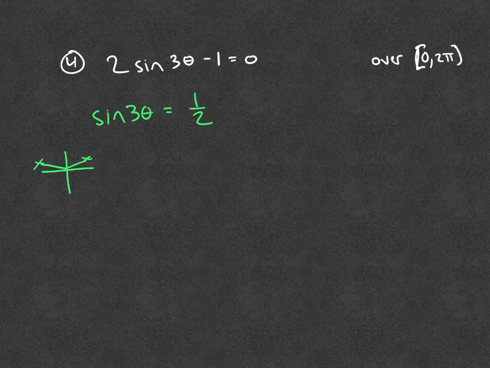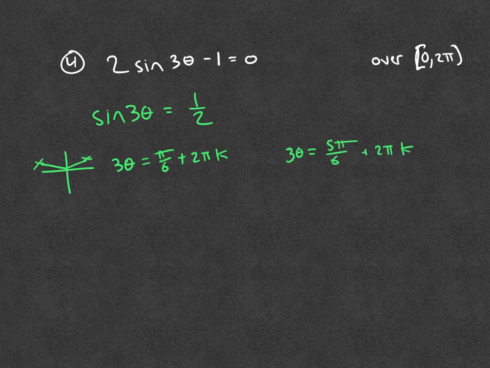But instead of writing theta equals that, we have to write 3 theta equals pi over 6, and then because I have to figure out how many answers there are going to be when I get rid of that 3 theta, I have to add the period, 2 pi k. I can also write that 3 theta will equal 5 pi over 6 plus 2 pi k.